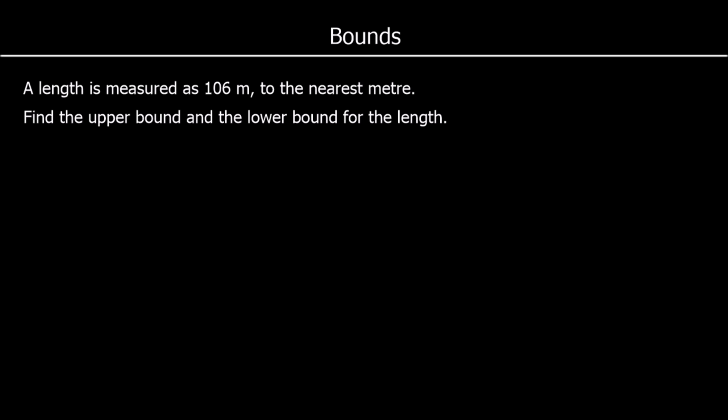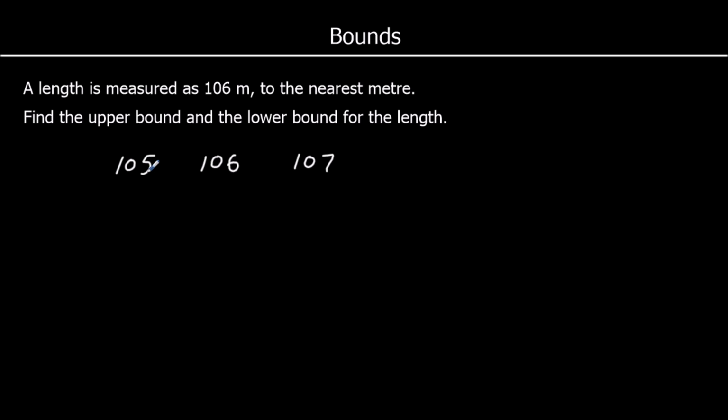It says a length is measured as 106 meters to the nearest meter. Find the upper bound and the lower bound for the length. So if we've got 106 meters, the one up is 107 and the one down is 105.